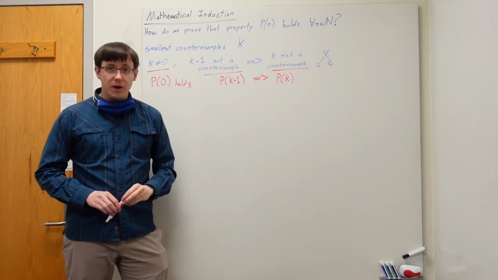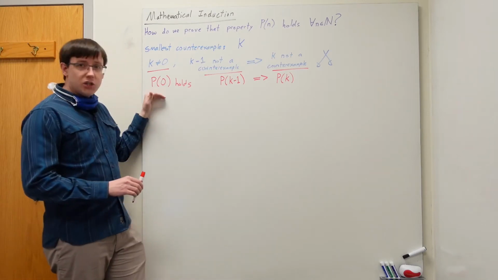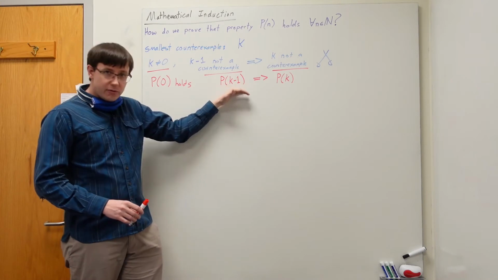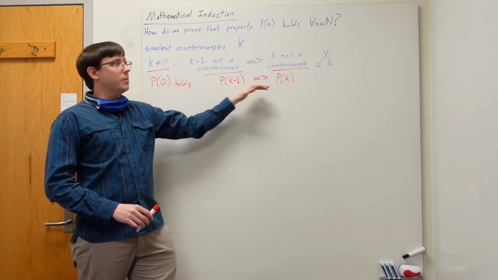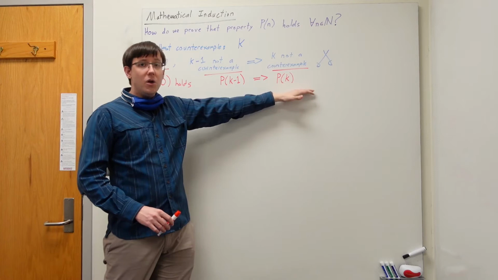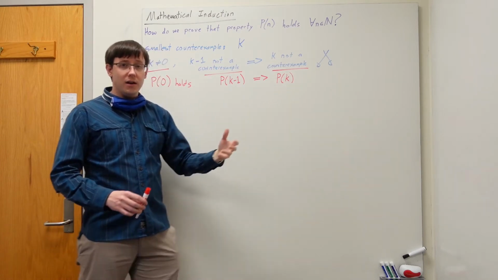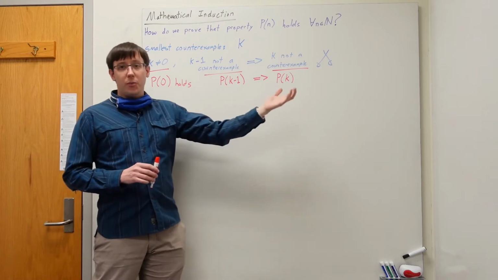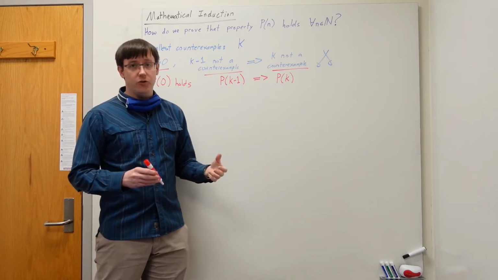So one way to think about what we've done here is that by showing the property holds for 0, and then showing that whenever the property holds for k minus 1, it must also hold for k, what we have done is created ourselves a chain of reasoning that we can use to show that the property holds for any natural number.